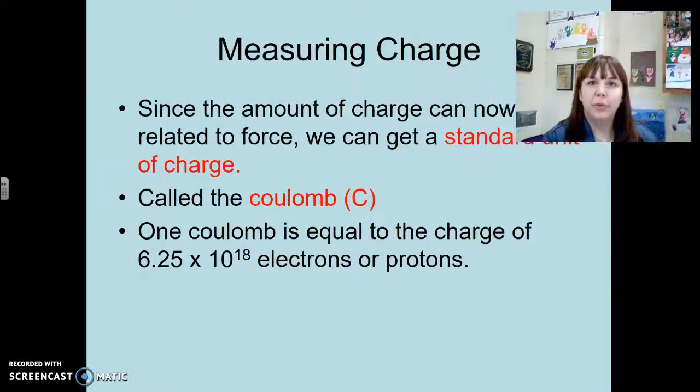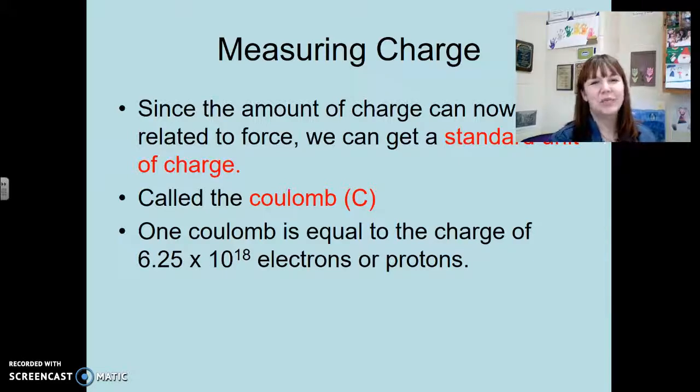Now that we knew that relationship between force and charge, we can get a standard unit of charge. We can say, okay, this is an amount of charge. We know it's not just more or less than something else, but we can get an actual measurement to it, a number to it. And it turns out that the standard unit of charge is called the Coulomb. Imagine, he named it after himself.